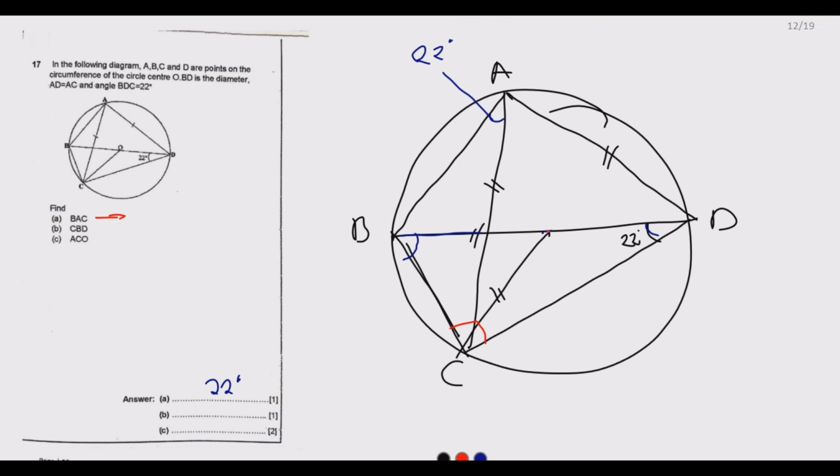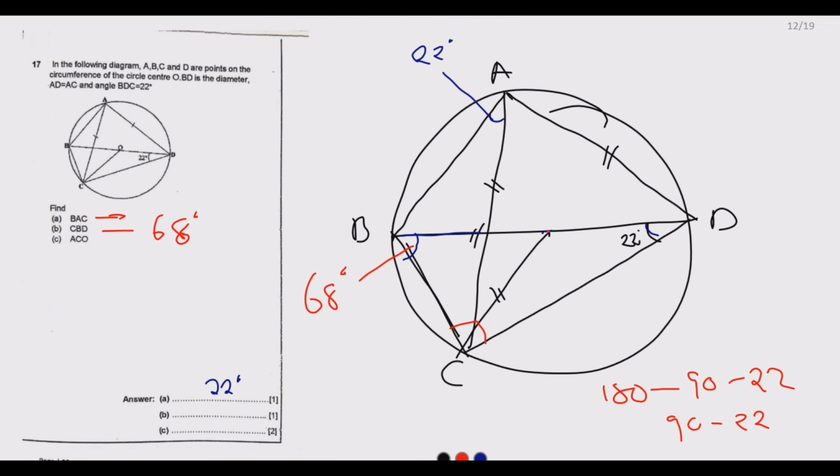So if it's 90 degrees, to find angle CBD, it will just be 180, the total angles in the triangle, minus 90 minus 22. So this is basically 90 minus 22. So what we get is 68 degrees.